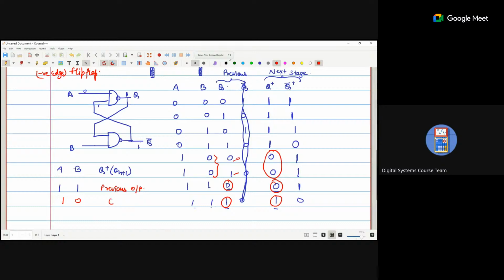So that means output is always 1. Whatever you apply, your output will be 1.